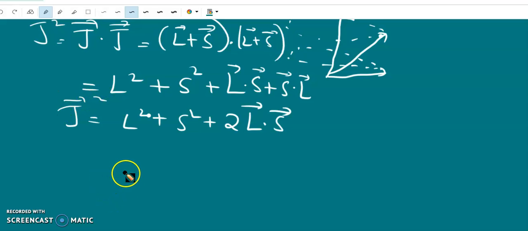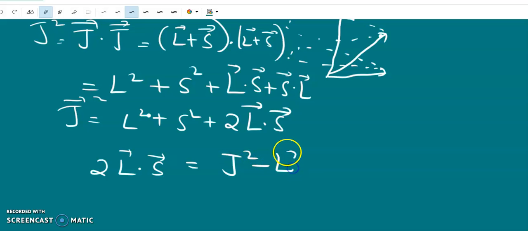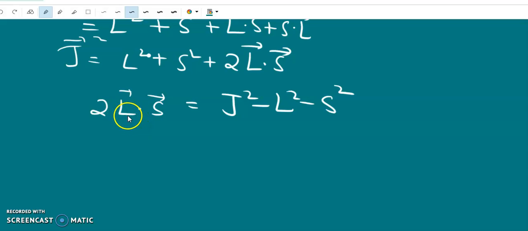So from this we can see that 2 L dot S is equal to J square minus L square minus S square. But we know that the dot product of two vectors L dot S is equal to the magnitude of L into the magnitude of S into cos of the angle between them.